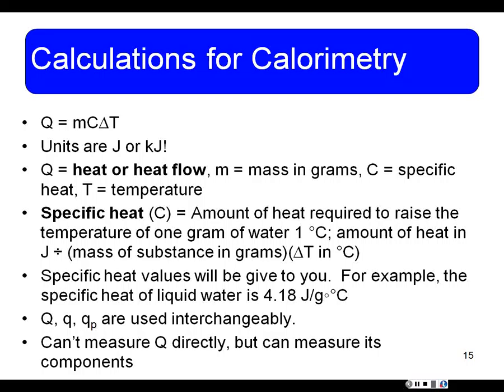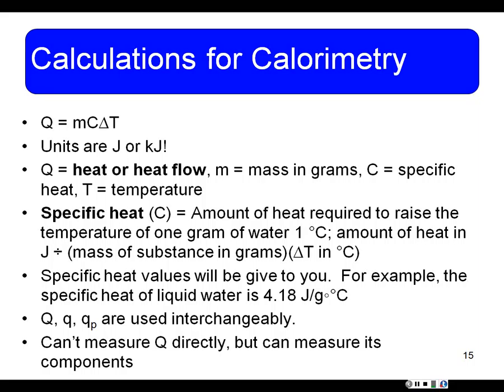We need to talk about each of these symbols here. Q is our heat or heat flow. m is our mass in grams, so everybody should know what that is. c is specific heat. We talked about specific heat last semester. We didn't spend a whole lot of time on it, but if you've forgotten, you can go back and look.